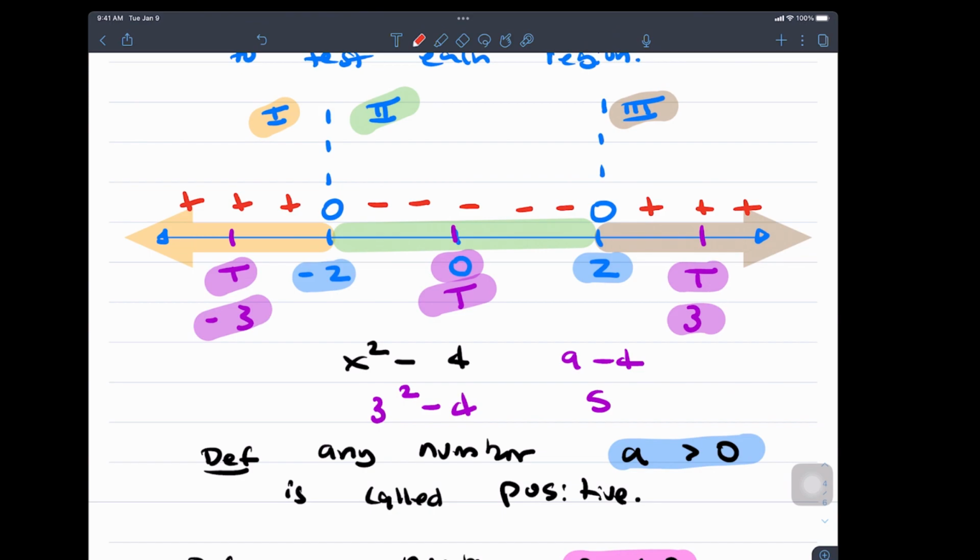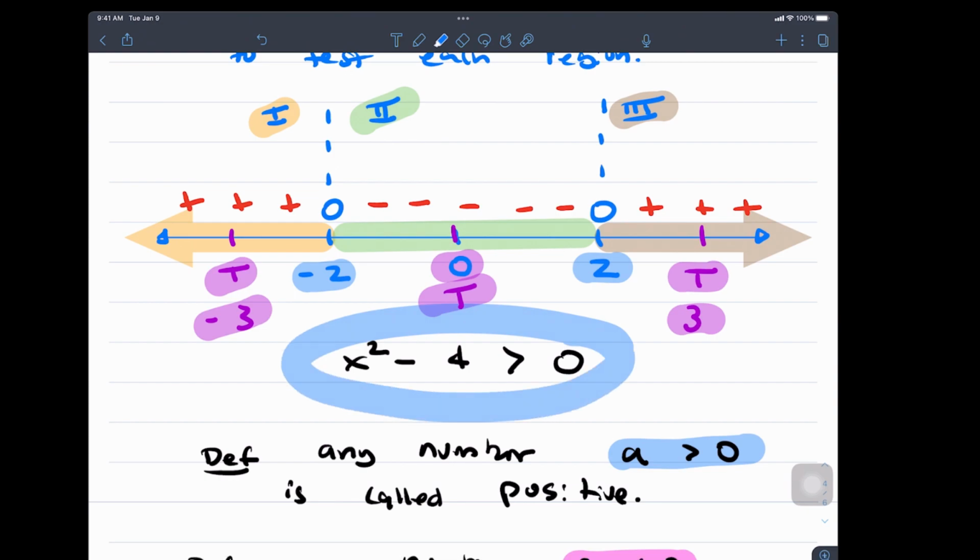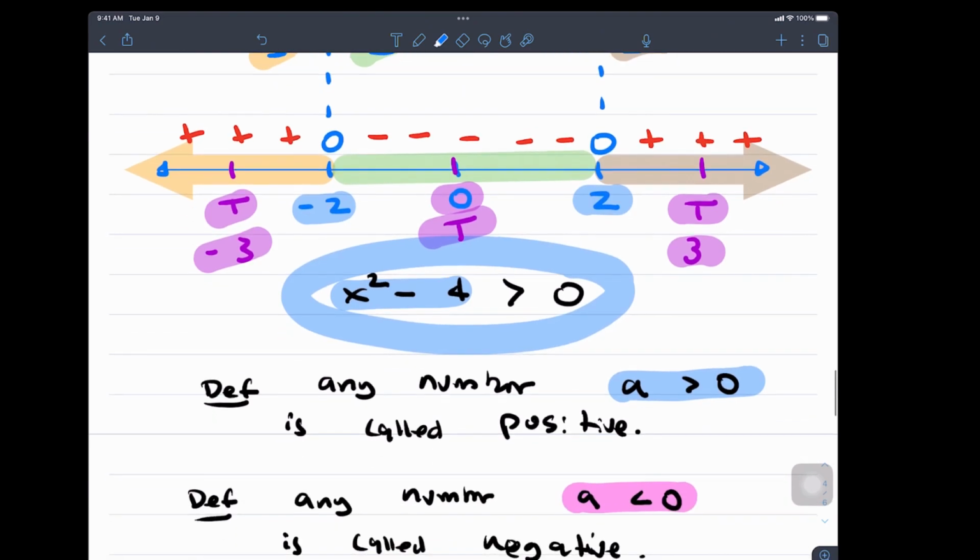Okay, so ladies and gentlemen, you're practically done. You're actually looking at the answer. And you might say, what do you mean we're looking at the answer? What was the original question? They want to know where x squared minus 4 is greater than 0. What are they really saying? Where is x squared minus 4, what's the definition, positive?